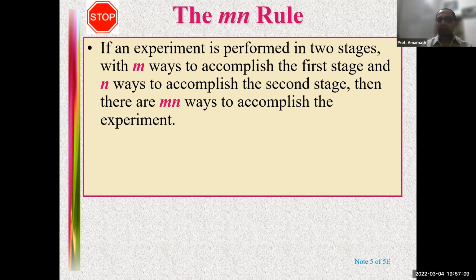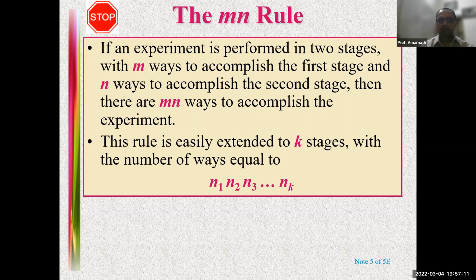This rule is easily extended to k stages, with the number of ways equal to n1 times n2 times up to nk. You might have seen notation like 1, 2, 3, comma, dot, dot, dot. Why do we put that? It's an assumption which we try to make in probability.